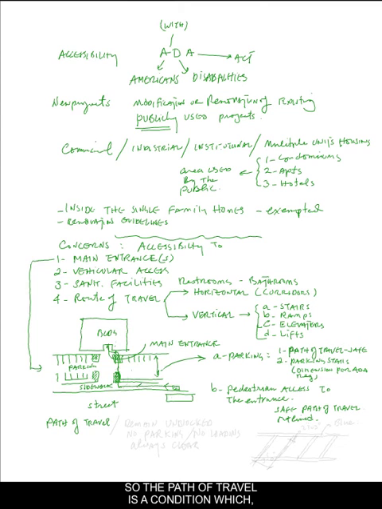So the path of travel is a condition which, if you notice, I didn't at all mention that you can just open it up here, because that way you're going through the stalls, and that's not the right way to do it. The path of travel shall always remain unblocked.